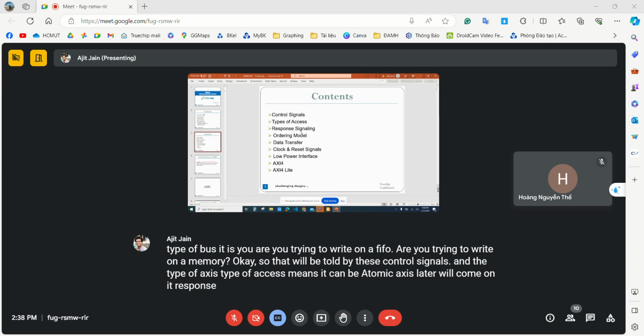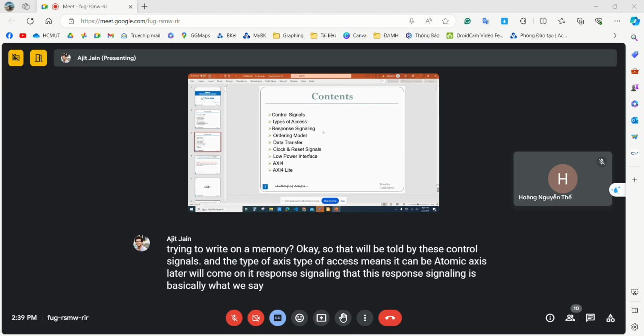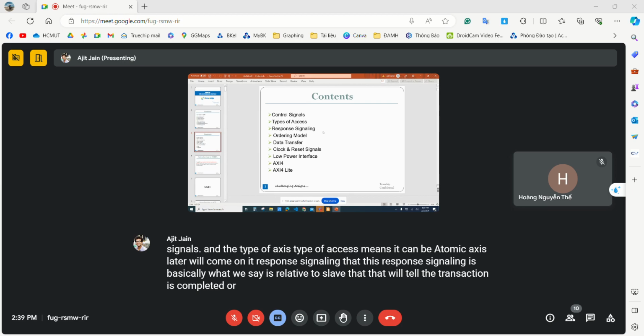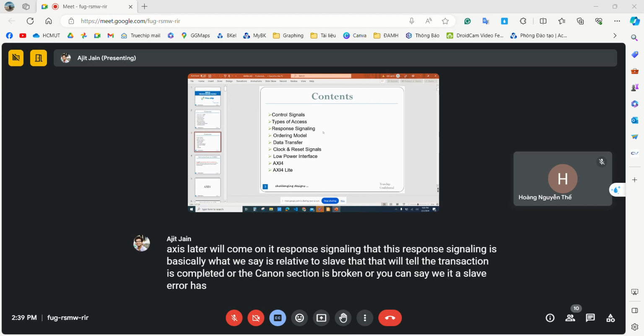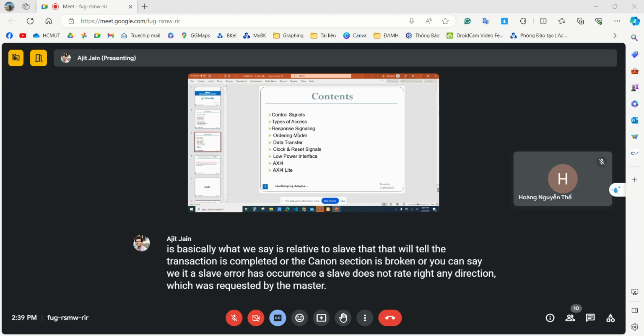Response signaling is relative to the slave, and it tells whether the transaction is completed, or the transaction is broken, or a slave error has occurred, meaning the slave did not perform a transaction requested by the master.